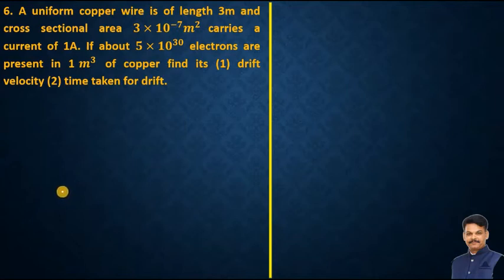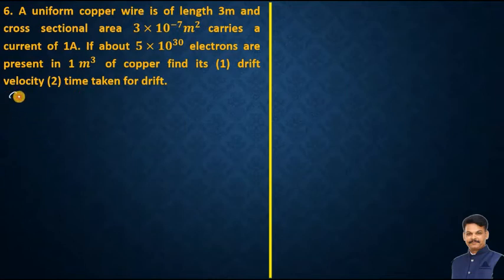Okay, so in the calculation of drift velocity, so many factors are necessary. So first let us identify what are the factors given in the problem, and based on that we can see what formula has to be used for that and how it has to be solved. Okay, so let us start.